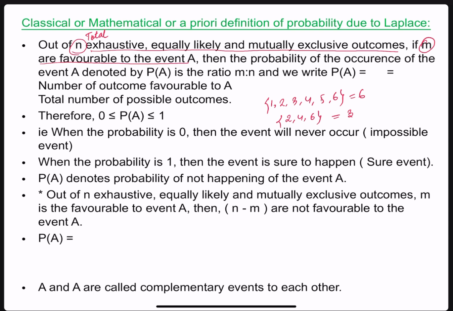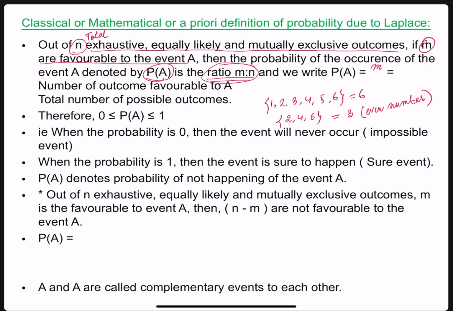Then the probability of the occurrence of event A. So the event A is to get an even number. Let's say the probability of occurrence of the even number is denoted by P of A. P of A is the ratio. What kind of ratio?